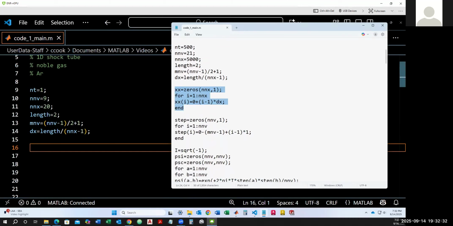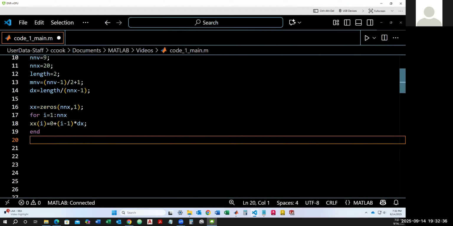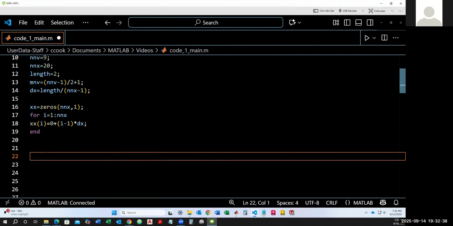So now let's generate our spatial nodes. We're going to generate a uniform grid. However, we're going to set the code up for a non-uniform grid, because future videos will include non-uniform grids once we get through how to set up the code for 1D and 2D uniform grids.